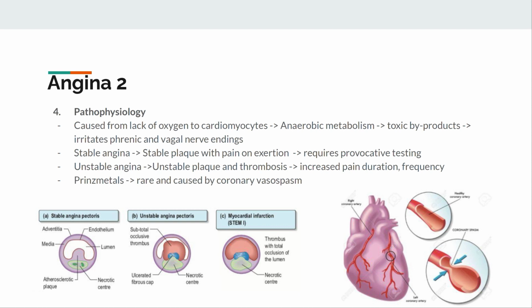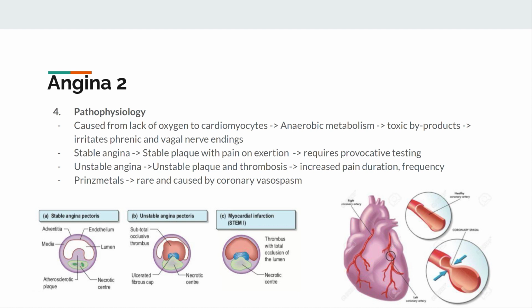And then in C, I've given an example of what a myocardial infarction is, and that's pretty much complete occlusion. It should be noted, though, that we're talking about partial occlusion, complete occlusion. These do exist on a spectrum. It really depends on the coronary artery affected, and it also really depends on the collateral supply of the heart area affected. So just keep in mind that these are very general terms.